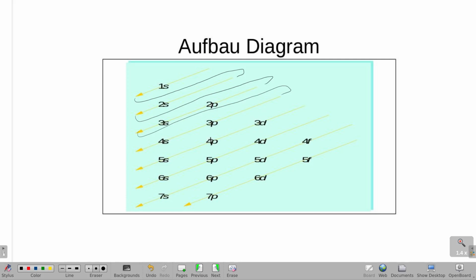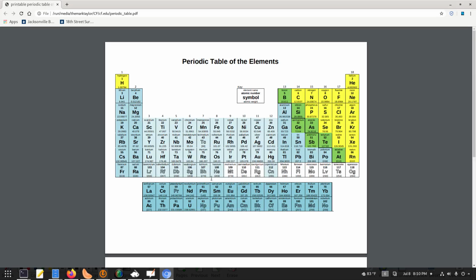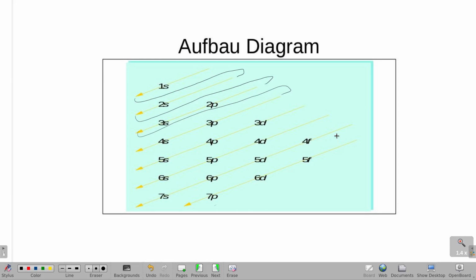After the 3d, 4p, 5s, then 4d, 5p, 6s, etc. Matter of fact, right here is the bottom of the periodic table. If we look on the periodic table, that 7p right there, that is this atom here, number 118. When all of the electrons go into that p orbital, we are at the end of our periodic table, which is why it stops here.